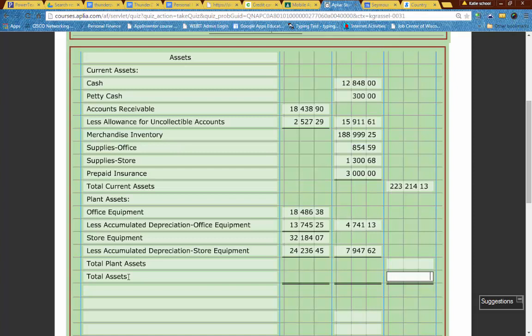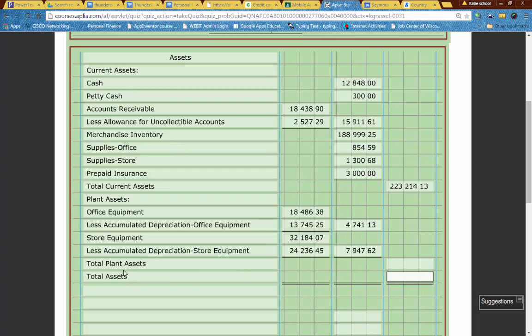Ask the first question. You see where I got the 18,000? You found it? You got to make sure you use the balance sheet column. Okay. The 4,000 and the 7,000 number up here, I did mathematically.